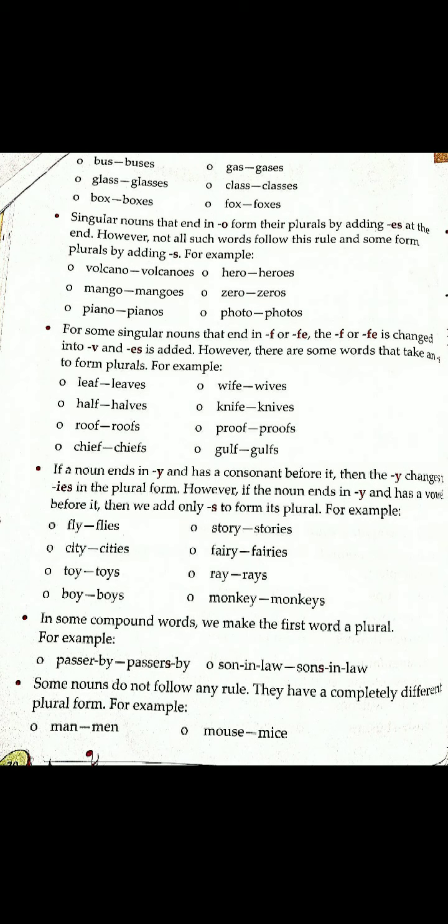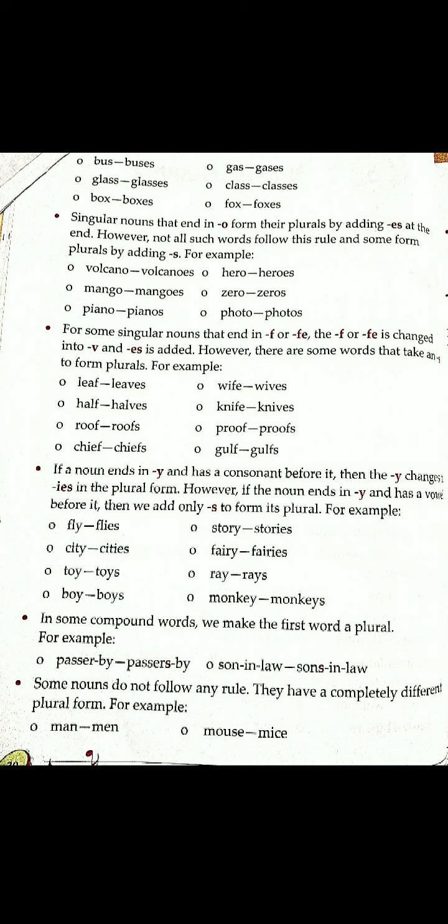piano. For some singular nouns that end in f or fe, the f or fe is changed into v and es is added. However, there are some words that take only s to form the plural.